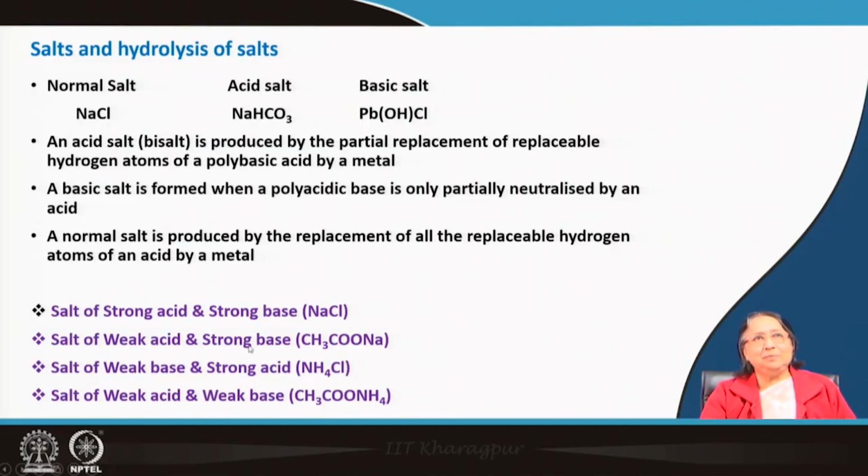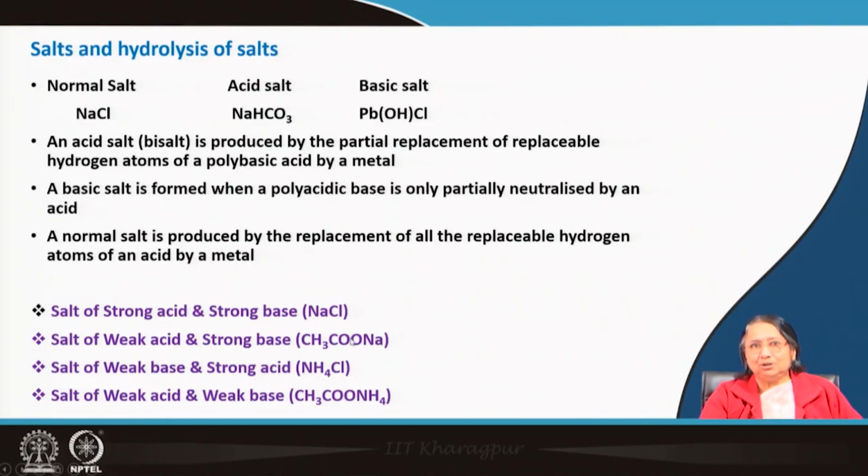But there is another type of classification, depending on which acid and which base they are produced from. For example, some salts are produced from a strong acid and a strong base. The good example is sodium chloride. So, it is a salt of a strong acid and a strong base.